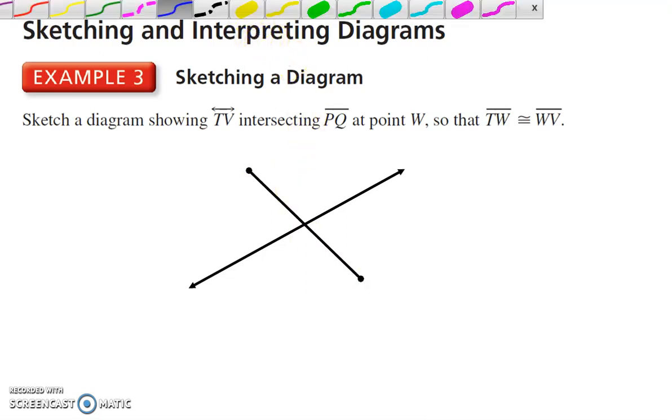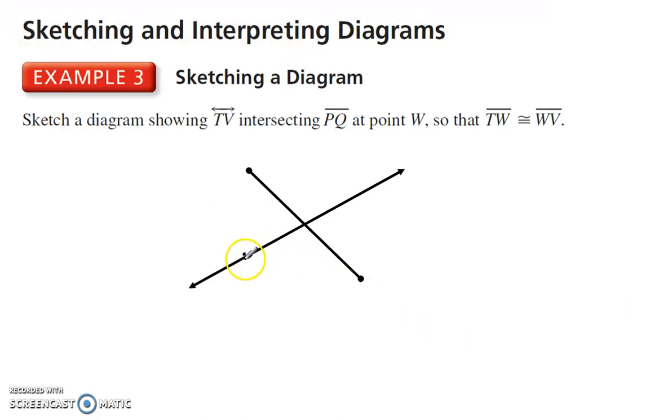And then we want some points. There's point T. And then there's point W, where they intersect. This one is point V. We need to show that these two are congruent. Here's P and Q. There we go.